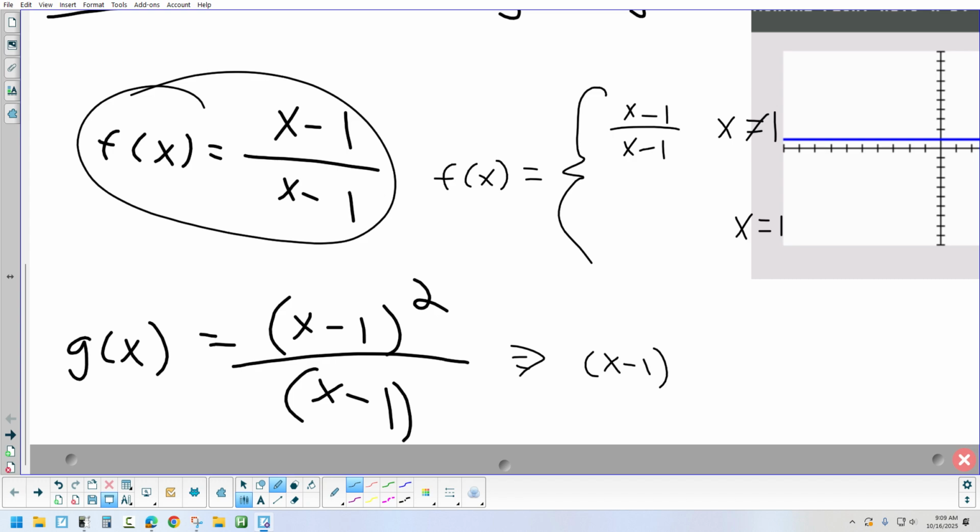So I'll just tell you what value to use that will make it continuous. When x is 1, I want you to just graph the point 1. So it's like graphing 1, 1. Okay, so the top part of the graph gives you this.